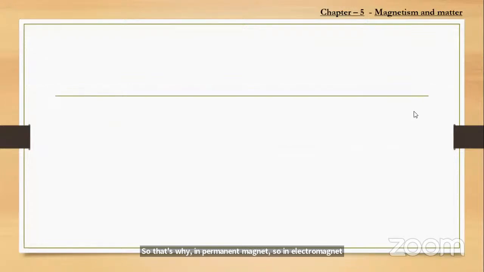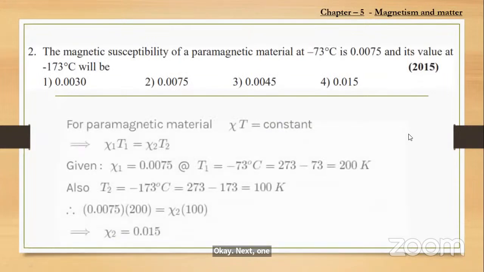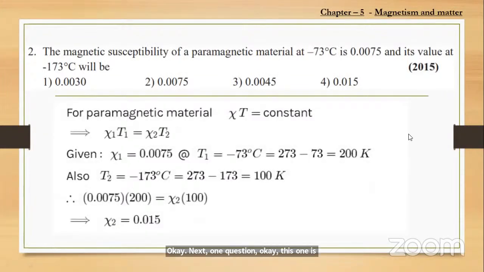Okay, next question. This one is an incomplete question. See, the magnetic susceptibility of a paramagnetic material at minus 73 degrees Celsius is 0.075, and its value at 173 degrees Celsius is asked.